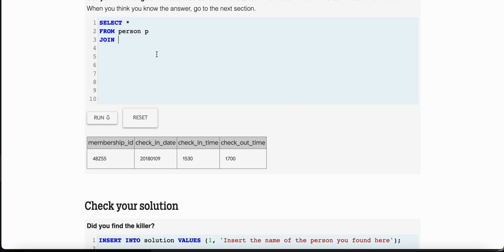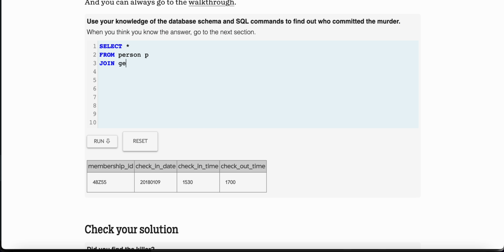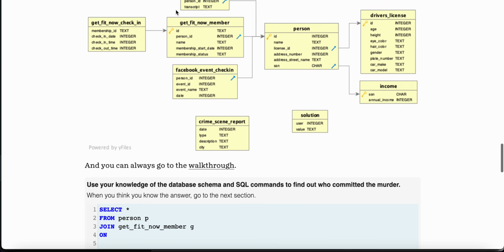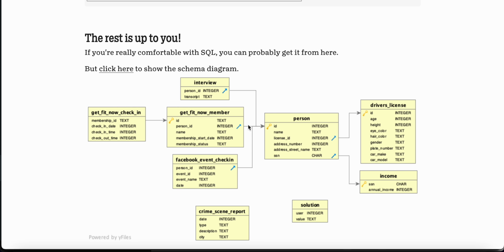So I start with person, then I join it with Get Fit Now member, call it G, and then I'm joining it on what is their similarity. What is the primary key and the foreign key? The primary key here in person is ID, while the foreign key here is person ID.